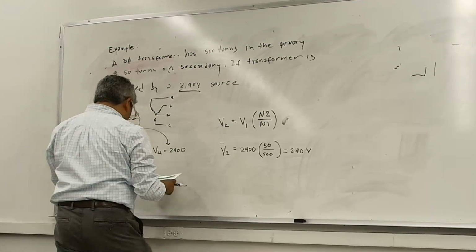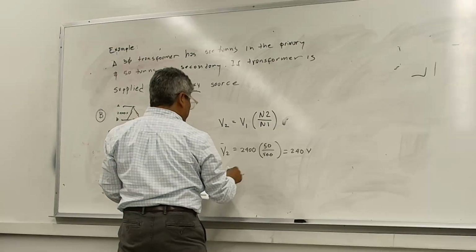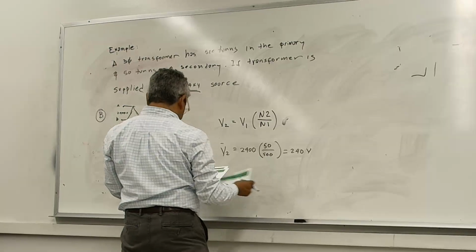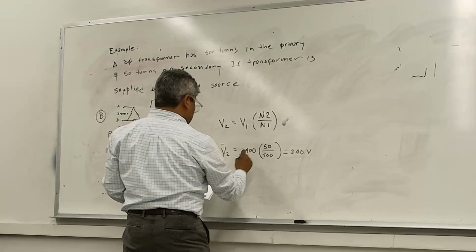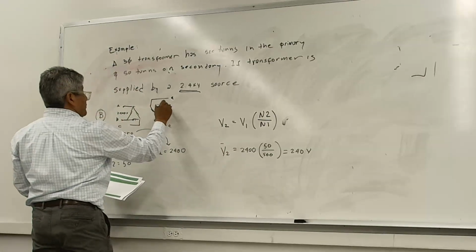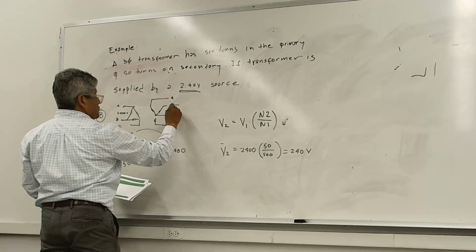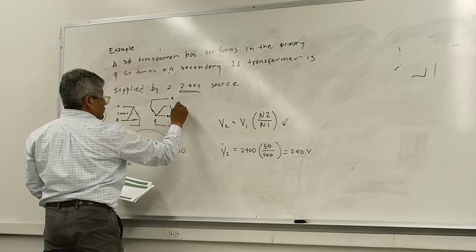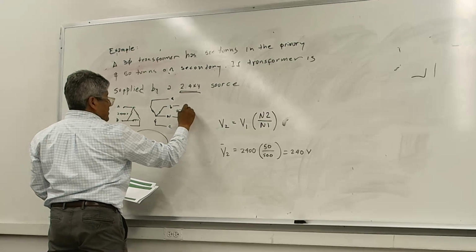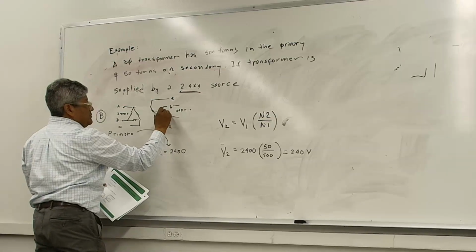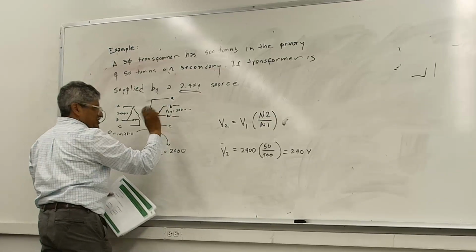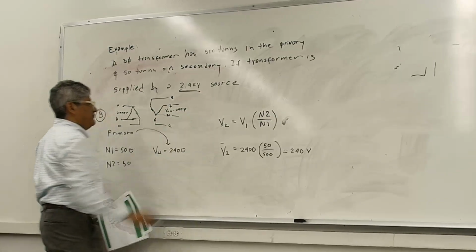So I have 240 volts from line to neutral. So I'm gonna say here 240 volts. I'm gonna say this is my VB to neutral. Just magnitude. I'm not talking about phasors right here.